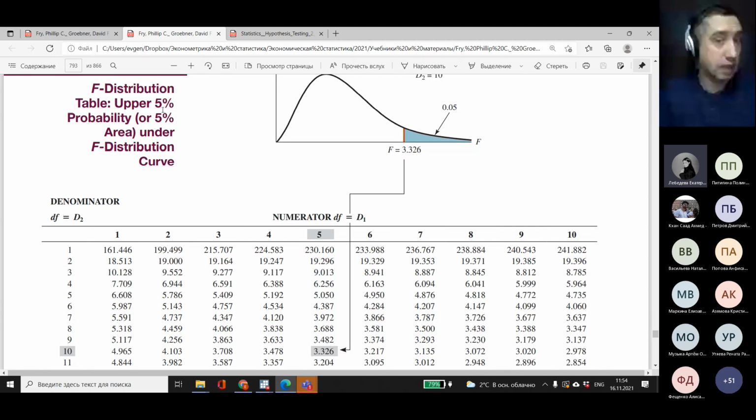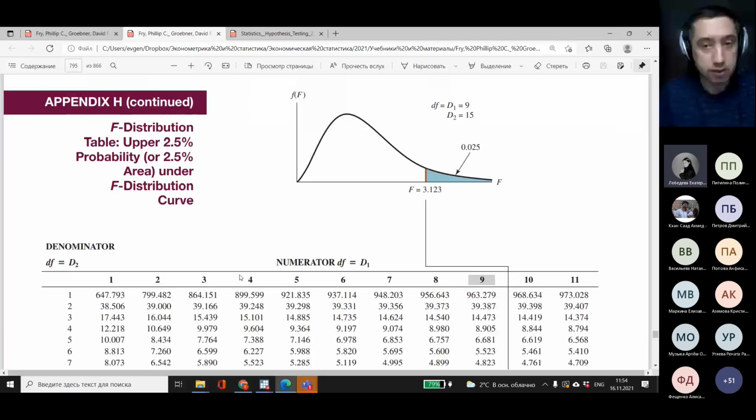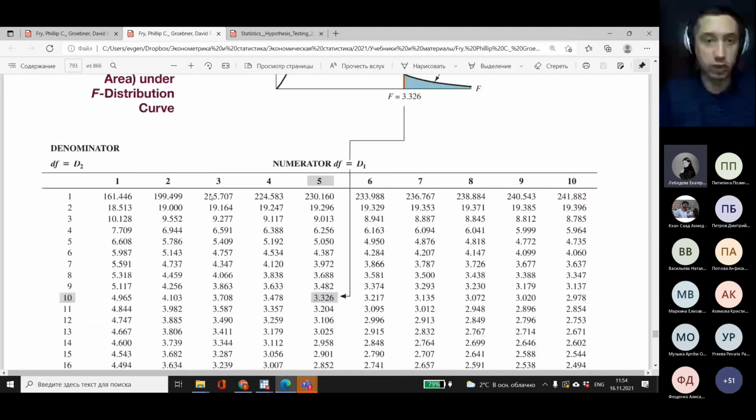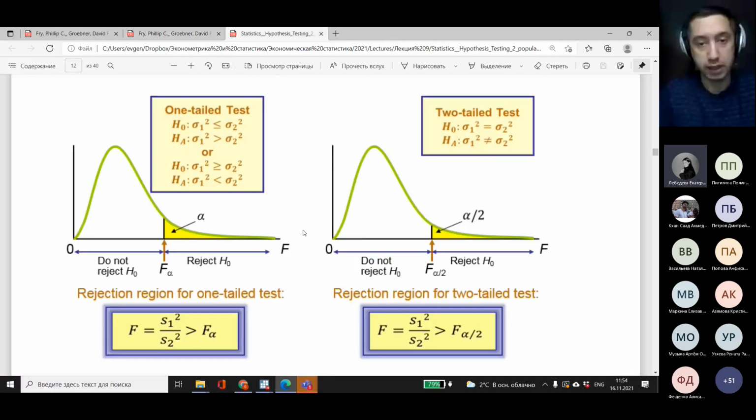But this table cannot be used with alpha 0.05 if you work with a two-tailed test. If you work with a two-tailed test, scroll down and use the 2.5% table. It is a common mistake among students when they work with the F distribution table. This problem can easily be solved if you do a sufficient number of home exercises and solve all of these tasks by pencil.